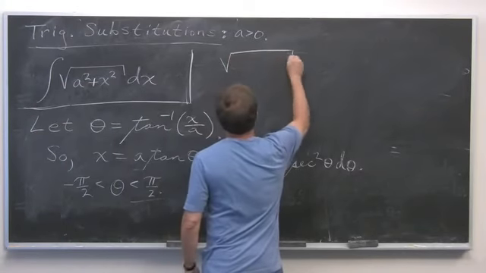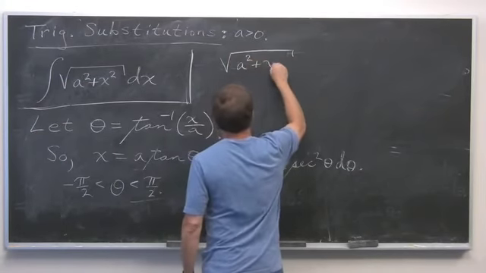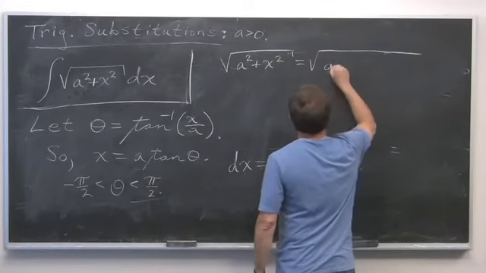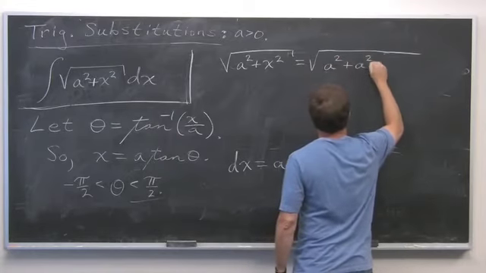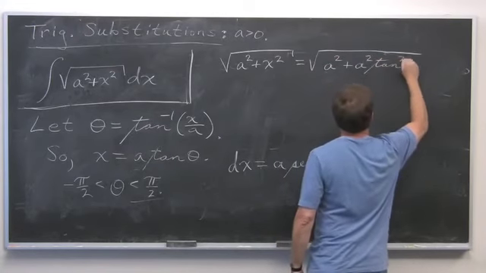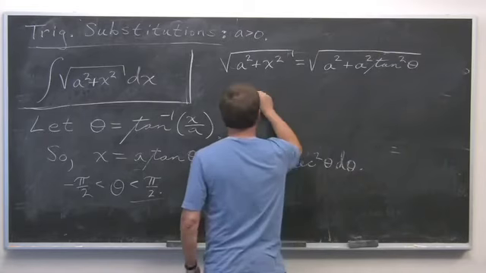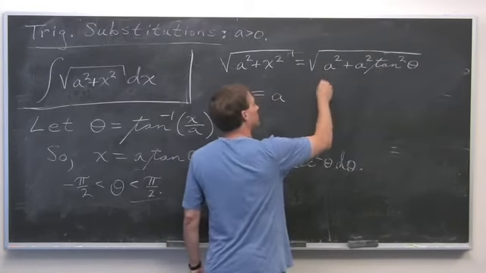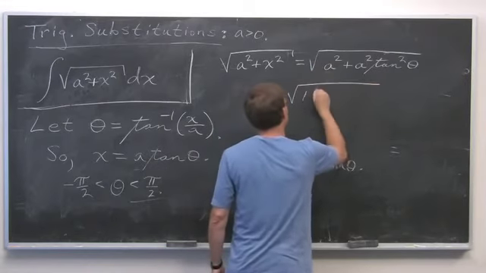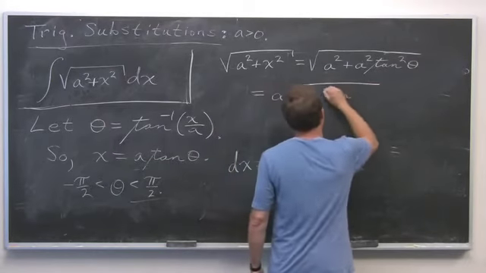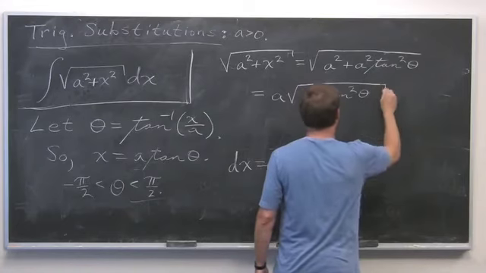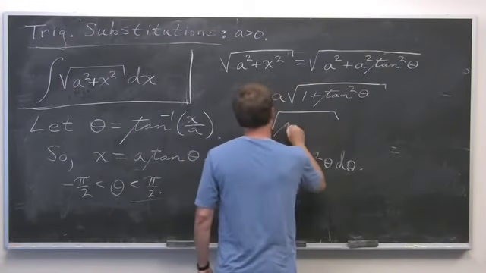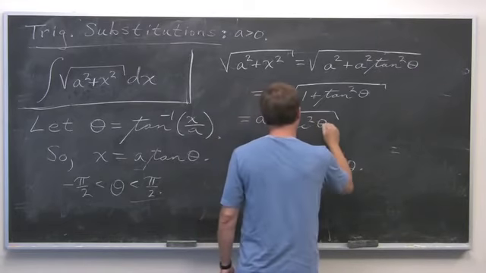The square root of a squared plus x squared equals the square root of a squared plus a squared tan squared. You factor out the square root of a squared. a is positive still, so that's just an a. And you get times the square root of 1 plus tan squared. But again, 1 plus tan squared is secant squared. So you get a times the square root of secant squared theta.